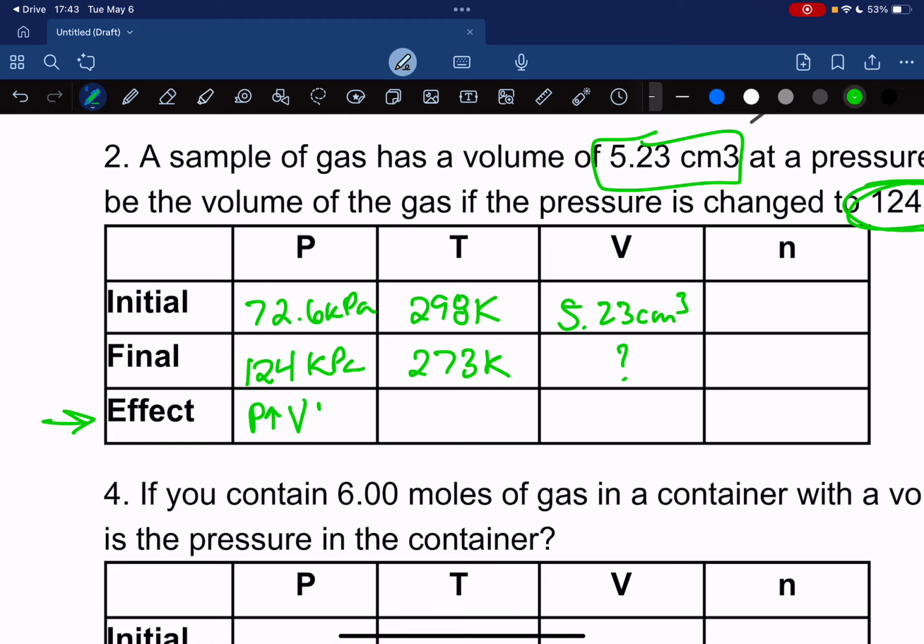So P up, V down, of course. And that's it for this box. Let's move on to our temperature effect. We can see that T is also going down from 298 to 273. Again, I want to think about what effect that has on my volume, since volume is what I am being asked about. So I'm going to decide that my volume is going down because my temperature is decreasing.